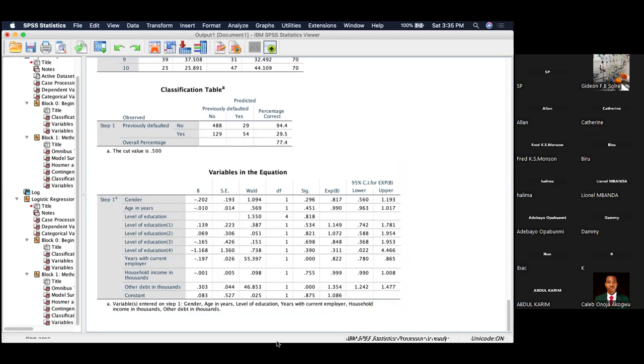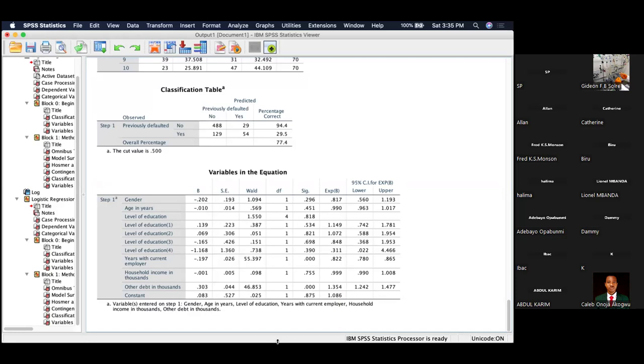So if you have an odds ratio of, let me say, 1.5, let's say chance of disease, and we are told that someone has an odds ratio of 1.5 of having that disease, what it means is that there's a 50% increase in the odds of the person getting the disease given a certain level of exposure.